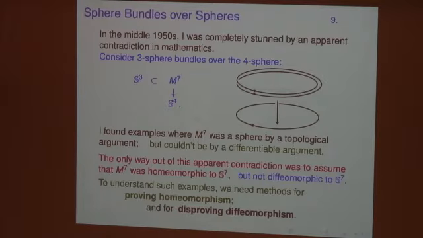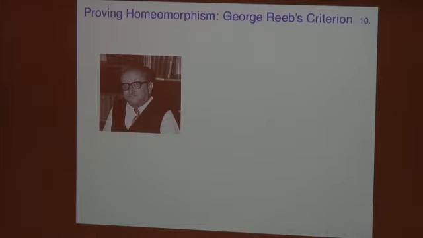So we have to prove things in two directions. For proving homeomorphism, since the Poincare hypothesis is known, we now know that it's fairly simple to check. But this was before the proof. There was still a very simple method which works in many special cases. So here's an argument due to Georges Reeb.